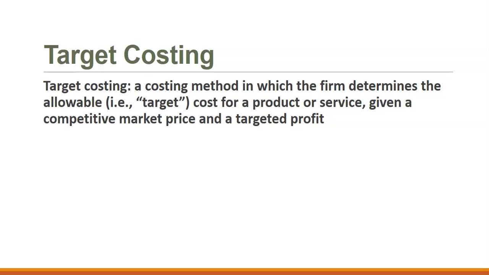We then want to make sure that our production of that product falls below that cost amount. So target costing is what happens when the market decides the price, instead of us just putting a markup on a product and naming any price we want, which is cost-plus pricing.